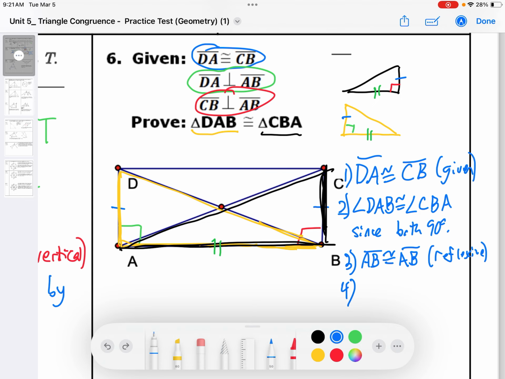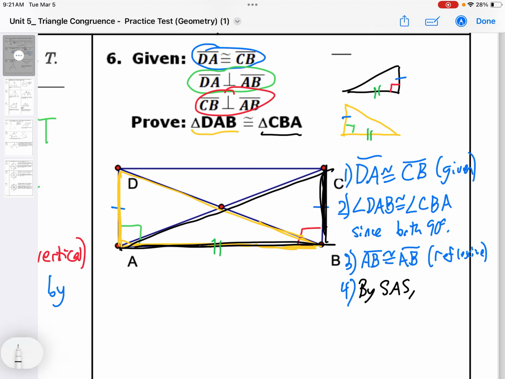And that's right here. We have our side, our angle, and our side. So step 4, by SAS, and then just our conclusion. Triangle DAB is congruent to triangle CBA.